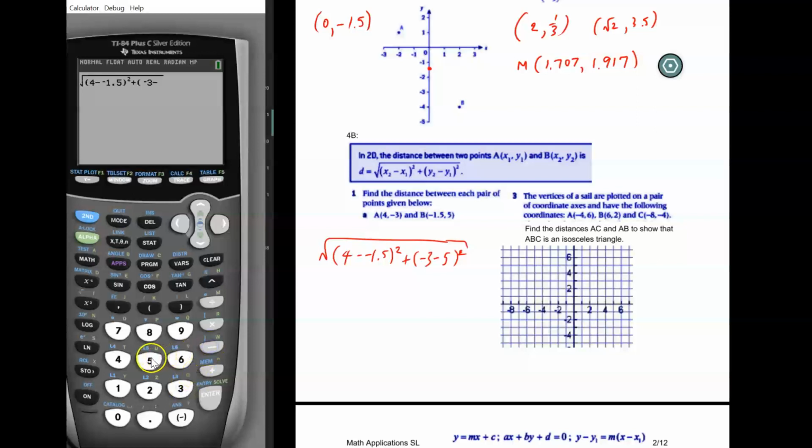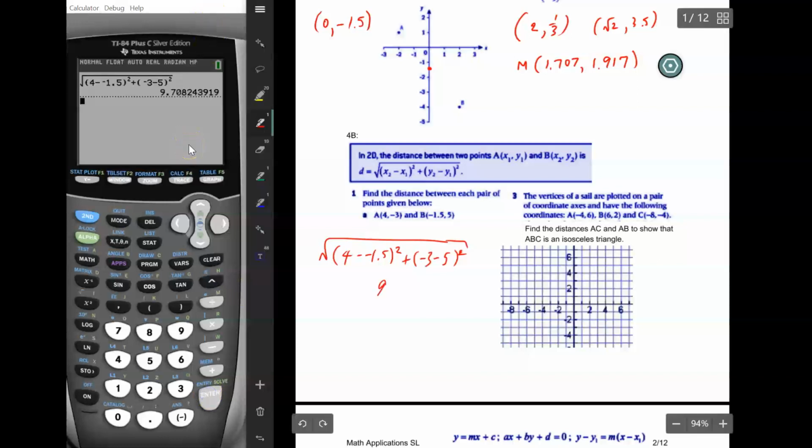When you do subtraction, it's that minus sign, and then you square, and then enter, and what do we get? We got 9.71. Okay, 3 significant figures would be 9.71. That would be the distance between the two.